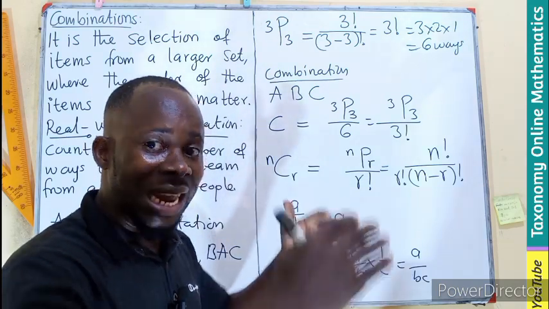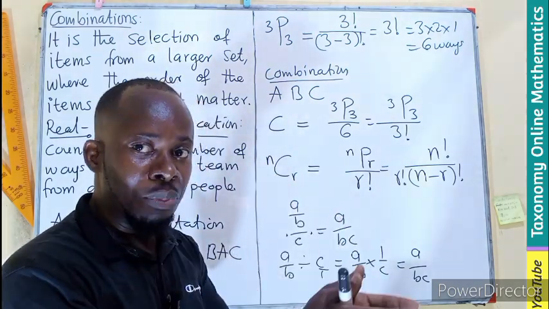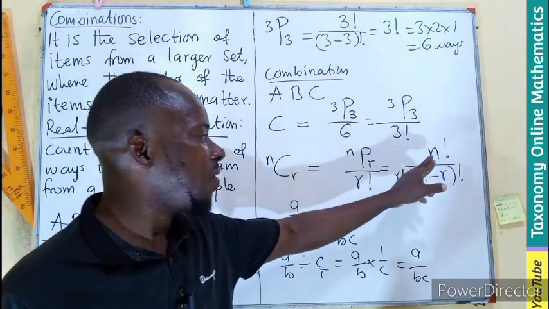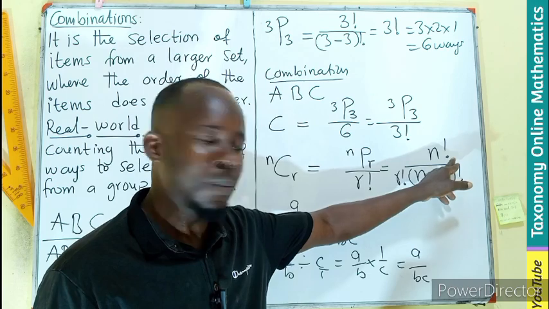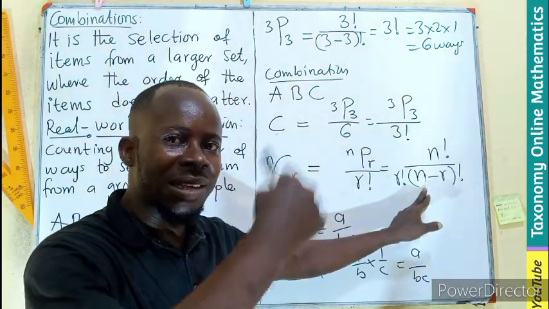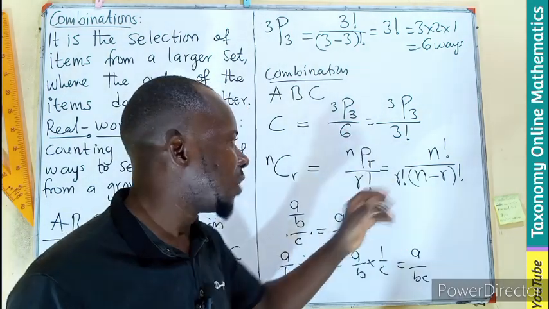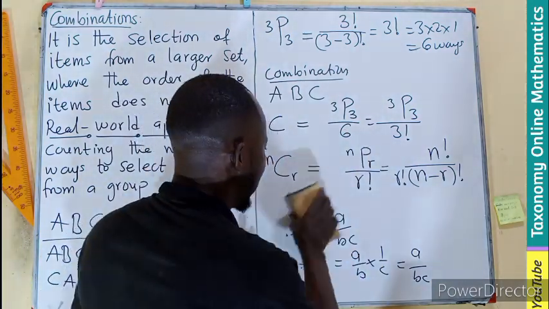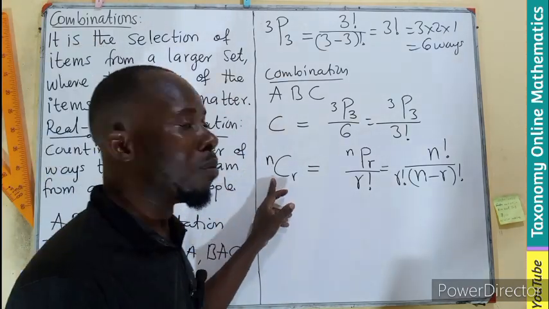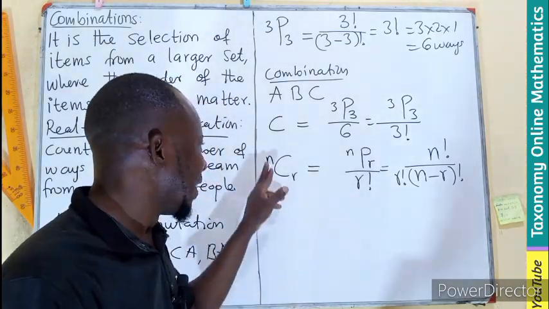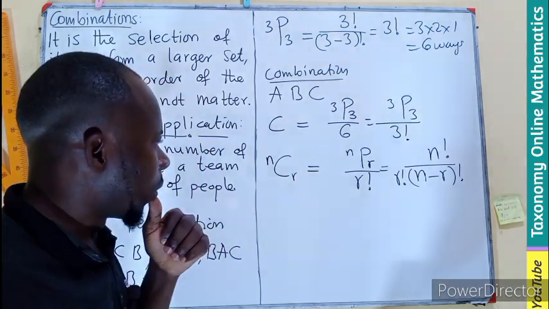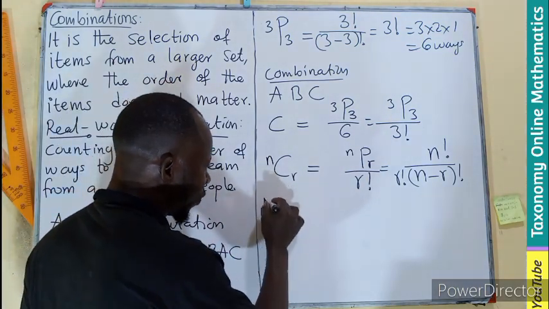So permutation is larger compared to combination. So n combination r will be given as n factorial divided by r factorial times n minus r all factorial. So that gives us our final expression of combination. I believe I mentioned that this is n combination r. Okay, so let's make it a small note.